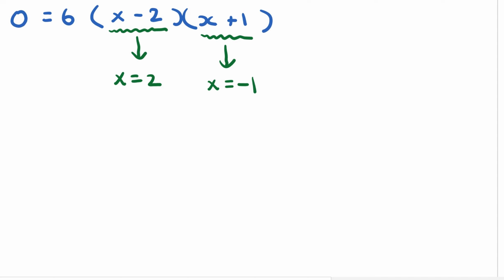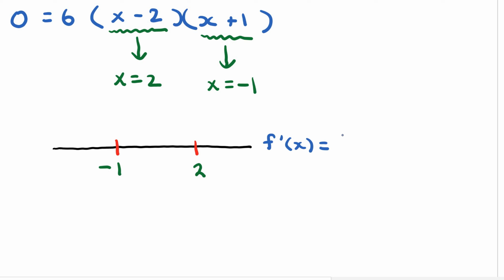After you have your critical points, what you need to do is draw a number line, so I'll do that right now. So here's my number line. I will put my two critical points on the number line, negative 1 and positive 2. And over here on the right, I'm just going to rewrite my derivative. So my derivative was f prime of x equals 6 times x minus 2 times x plus 1.